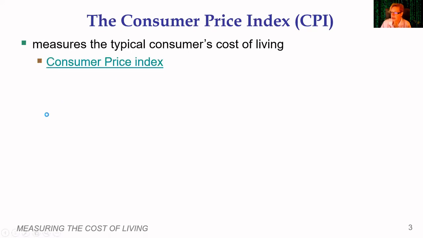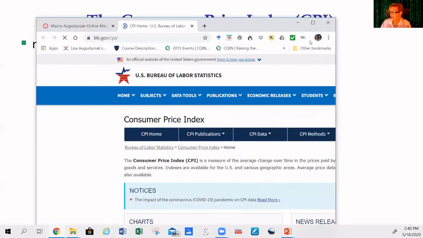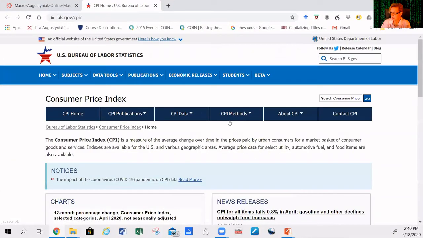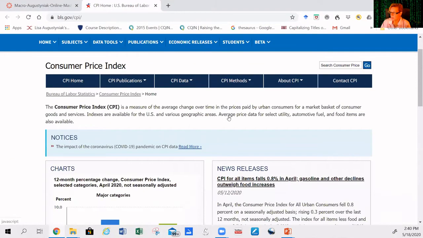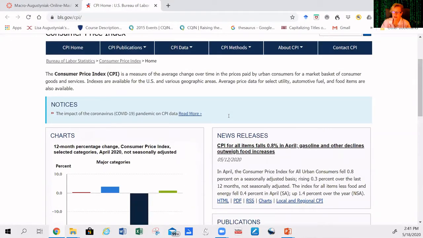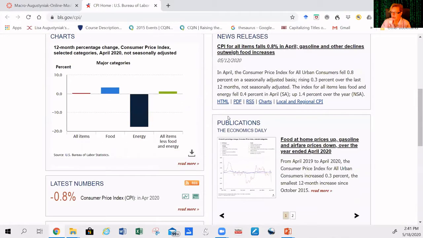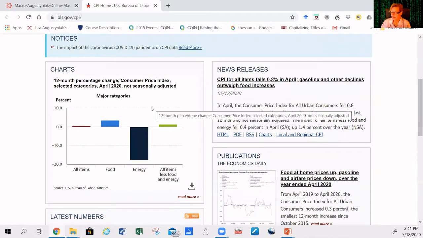So let me go ahead and open this hyperlink to the Consumer Price Index so we can look at some real data. This is the Consumer Price Index that is conducted by the Bureau of Labor Statistics. We'll talk about how we calculate it later on. Here is our 12-month.